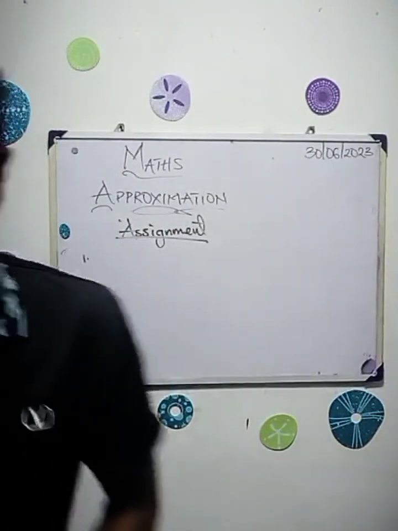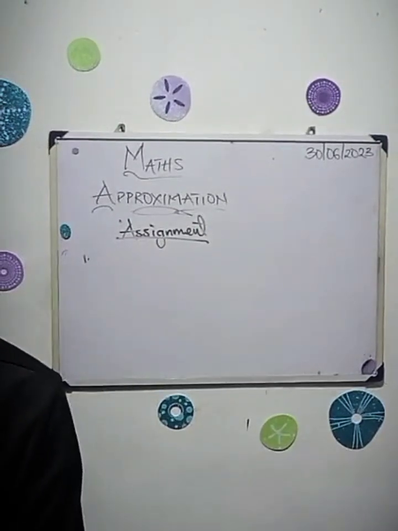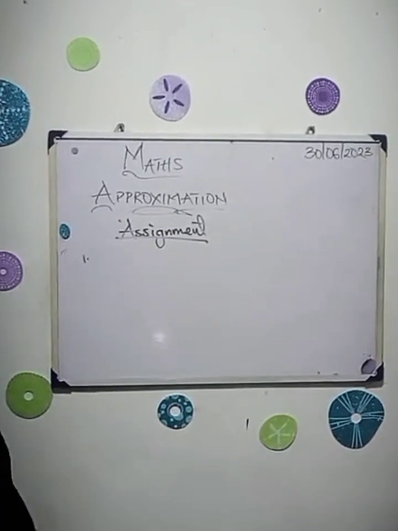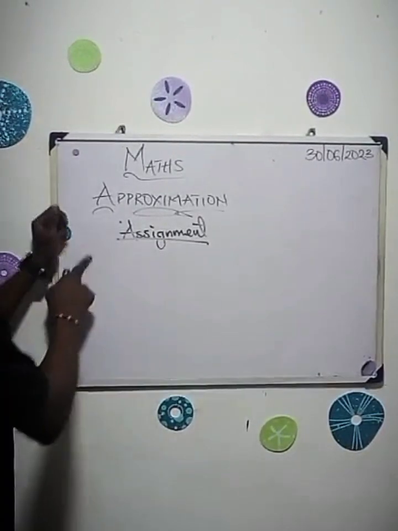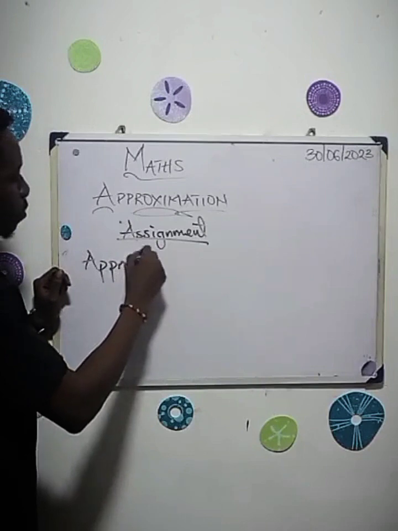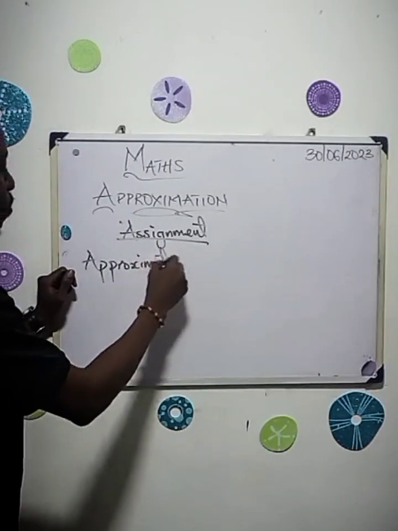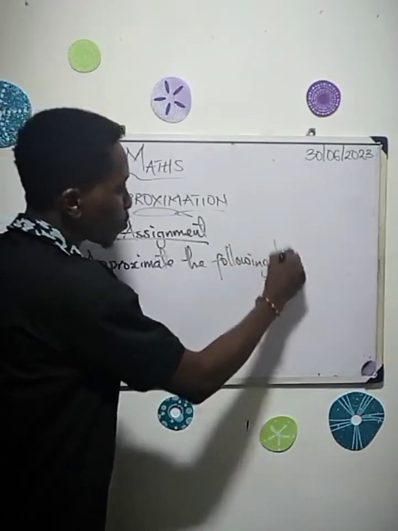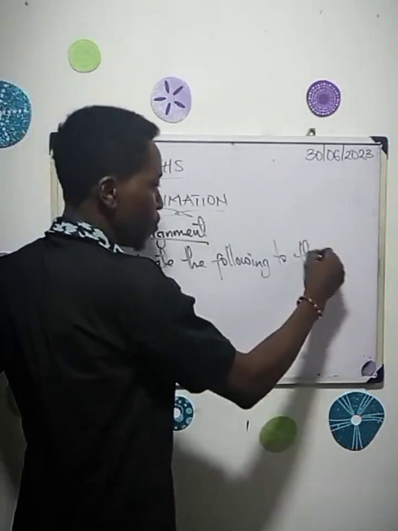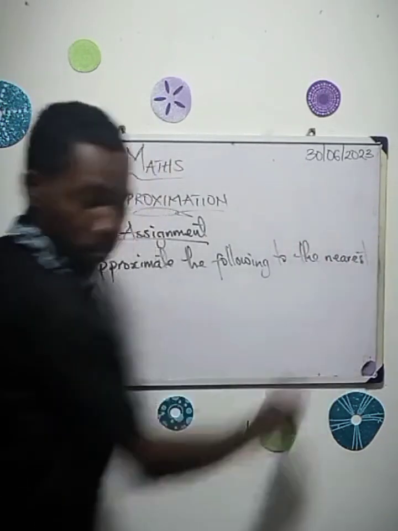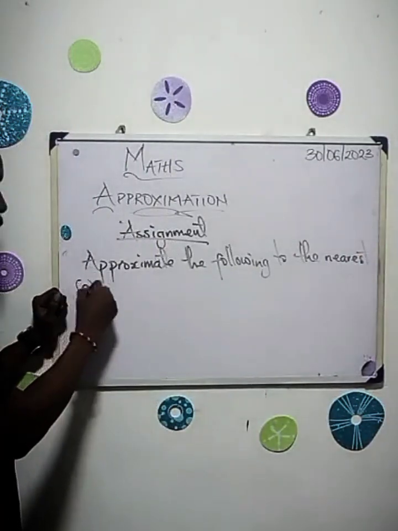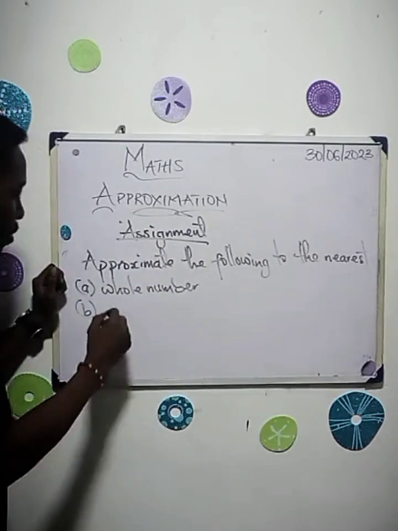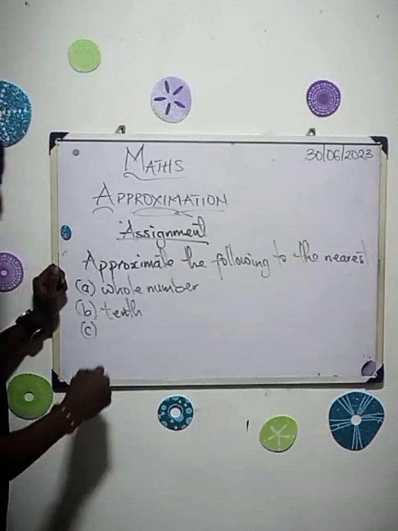Question number 1 says: approximate the following to the nearest: A, the nearest whole number; B, the nearest tenth; C, the nearest hundredth.